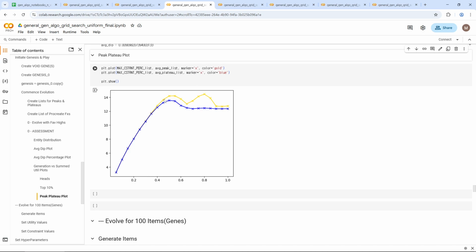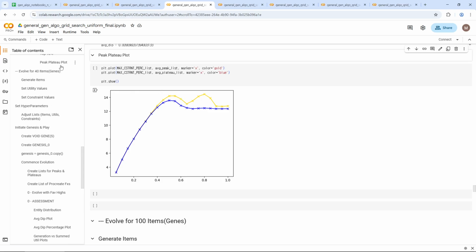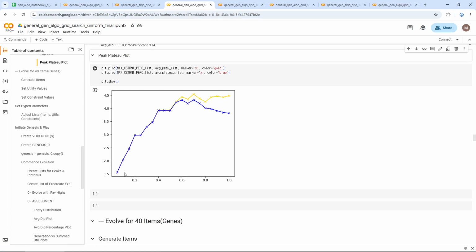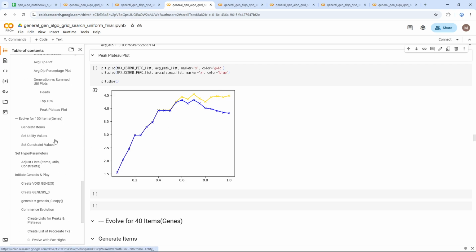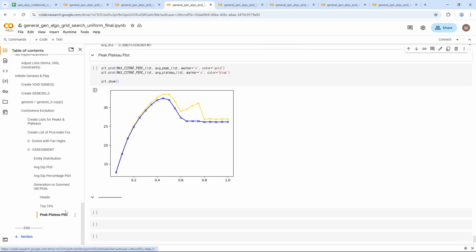They converge right here. However, the overall shape is quite similar, except towards the end where they diverge, and the average dip percentage just keeps getting wider.